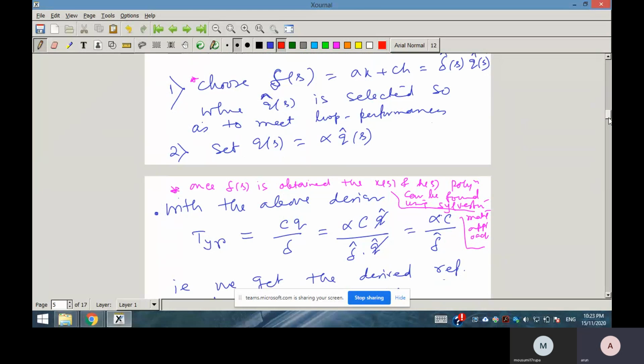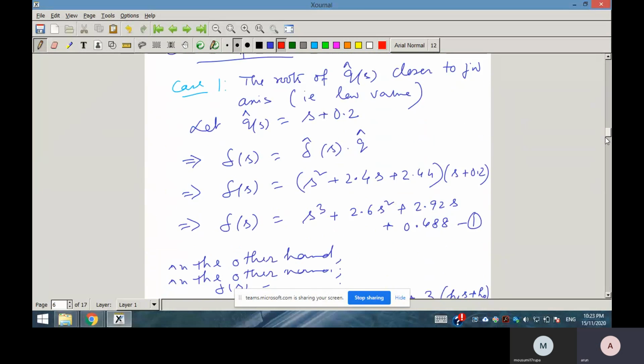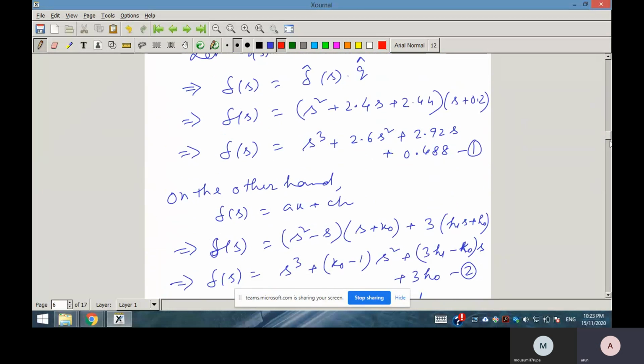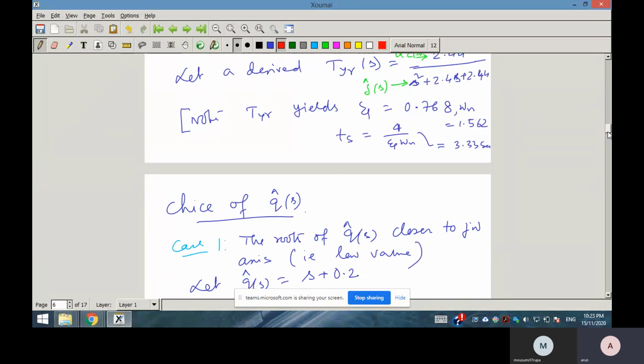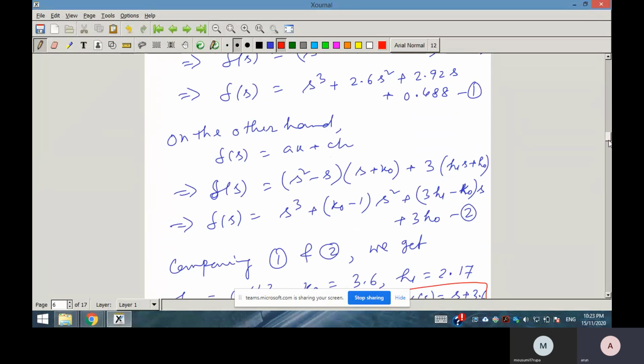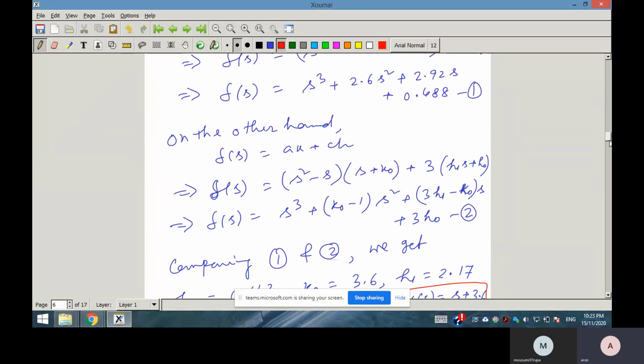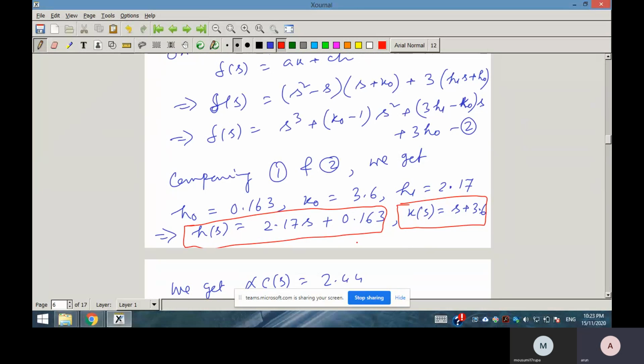Or for a low order system, you can just compare coefficients and obtain the H(s) and K(s) polynomial parameters, as I have done here. For the example that I have considered, I have not used the Sylvester matrix. I have just compared the two equations, coefficients of s to the power 3, s to the power 2, s to the power 1, and s to the power 0, and then you have got these parameters.